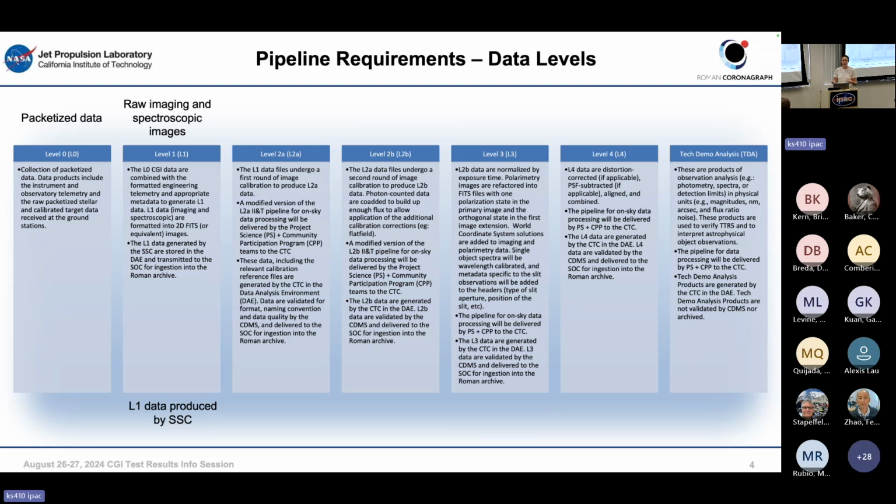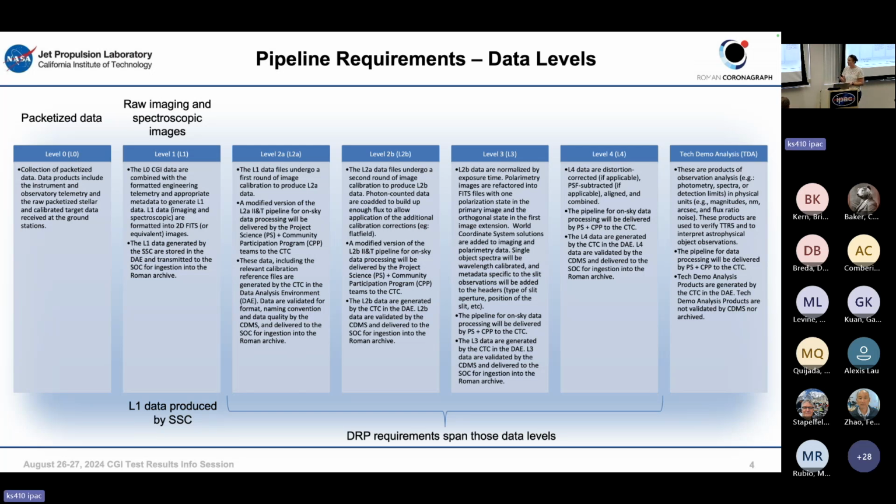Those L1 data are 2 FITS data that are combined and formatted with the engineering telemetry and appropriate metadata. Then those L1 data are taken as an input of the DRP.